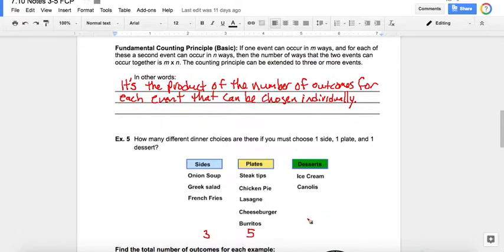And how many desserts are there? 2. So what we're going to do, the fundamental counting principle says it's the product of the number of outcomes for each event. So we're going to multiply these 3 events together. 3 times 5 is 15, and 15 times 2 equals 30. So there are 30 outcomes.